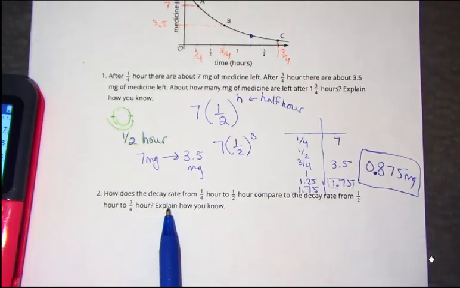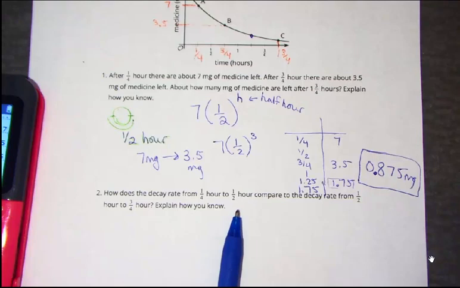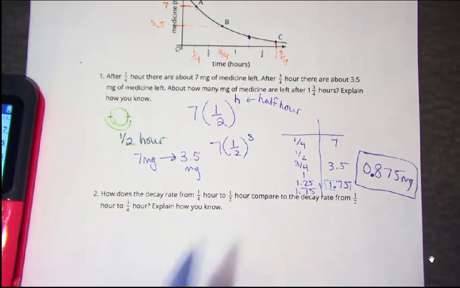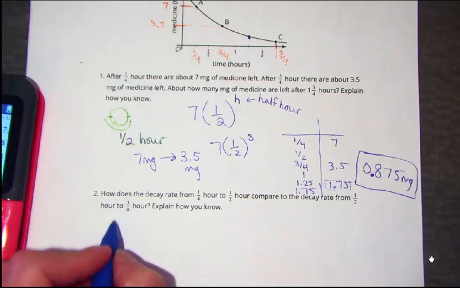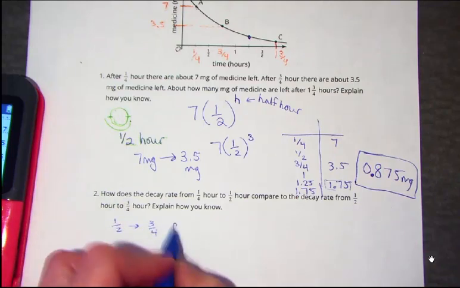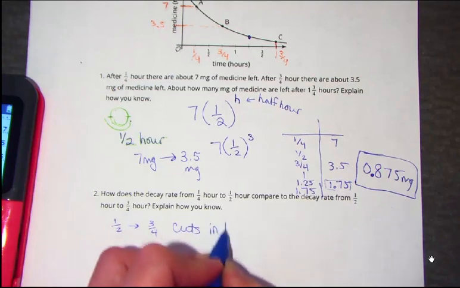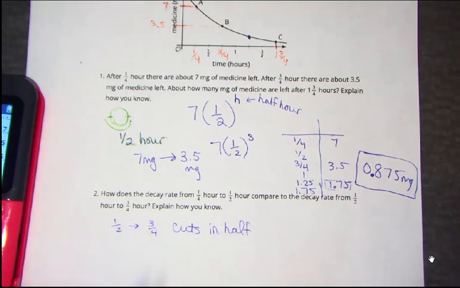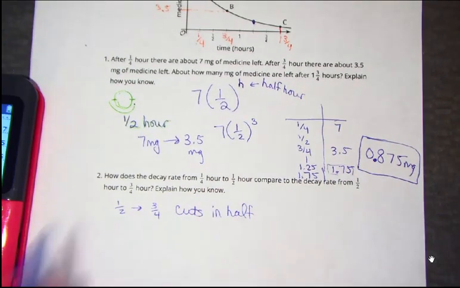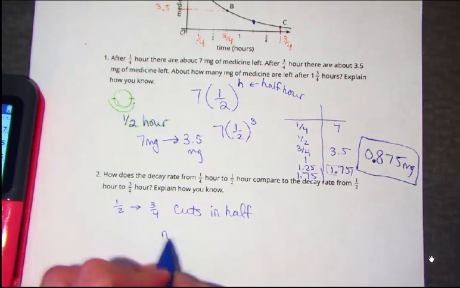So how can the decay rate from 1/4 to a ½ hour compare to the decay rate from ½ to 3/4? Well, ½ to 3/4, we just said, cuts in half. And if I want half of that ½ an hour, I want 1/4 to ½ an hour, I would need half of that.